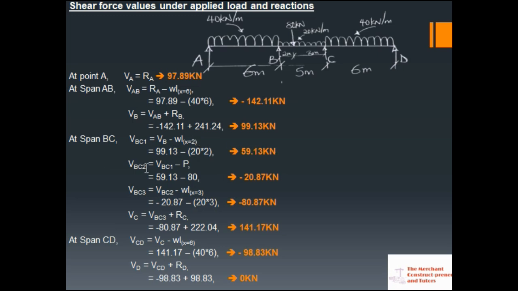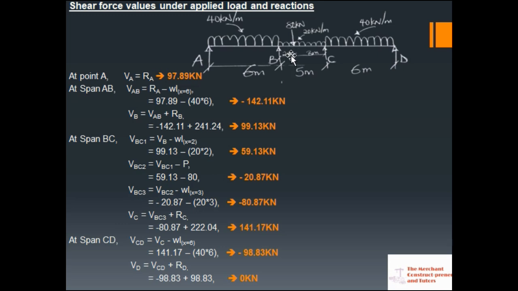Now VBC2 will be this value that you got now minus this point load, which is already acting at this same point 2. From B to this point 2, we also have another one acting at this point 2, so we need to deal with that, and it's downward. So this minus P, that is the point load, we have this value here. Now we are moving to VBC3.